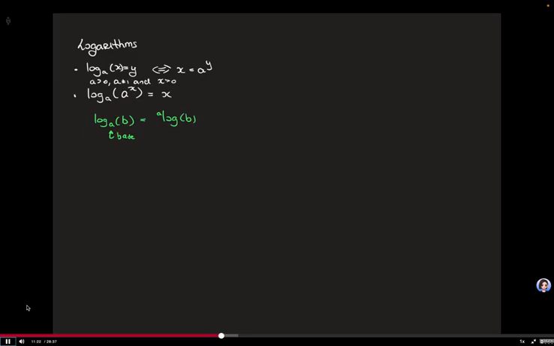All right, so then I also have four really important rules. The first rule is that the log with base a, so the base should be the same for these two logarithms, if we add them up, we can multiply them within the brackets. And if we subtract them, we can divide them within the brackets.